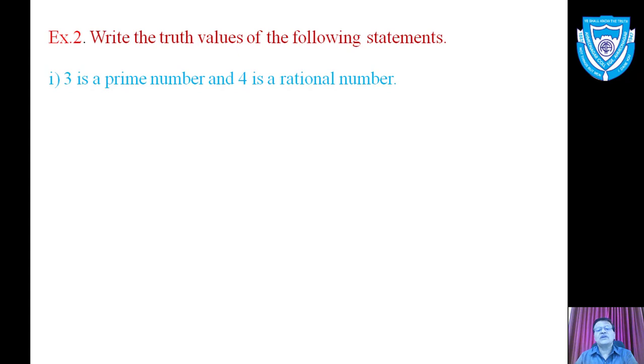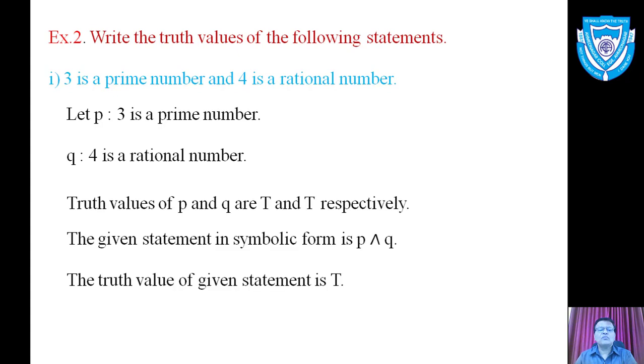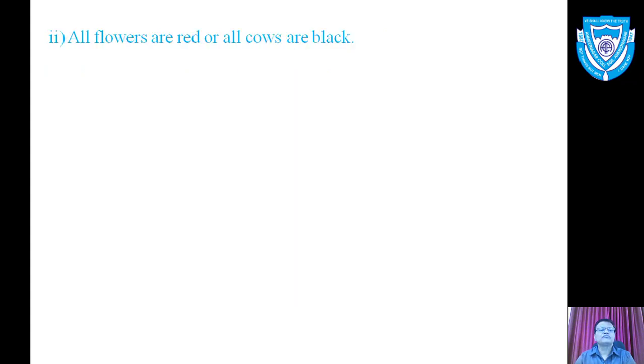And 4 is a rational number. This is also true. And connective AND is used. The rule says when connective AND is used, if both the components are true, then the conjunction is true. So here we use letters P, Q to denote the components and the symbolic form is P and Q. Both components are true, therefore the truth value of the given statement is true.